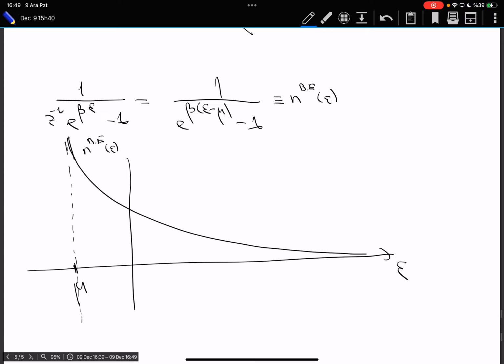I will eventually use the insights I gain to give it a physical interpretation of what is going on. Now, if I increase beta, or lower temperature, you see what will change. Epsilon minus mu is positive. I'm only looking at values of epsilon larger than mu. If I increase beta, that exponent becomes larger, which means the denominator becomes larger, so my number becomes smaller. So if I increase beta, my function becomes smaller, but still it diverges at epsilon equal to mu.